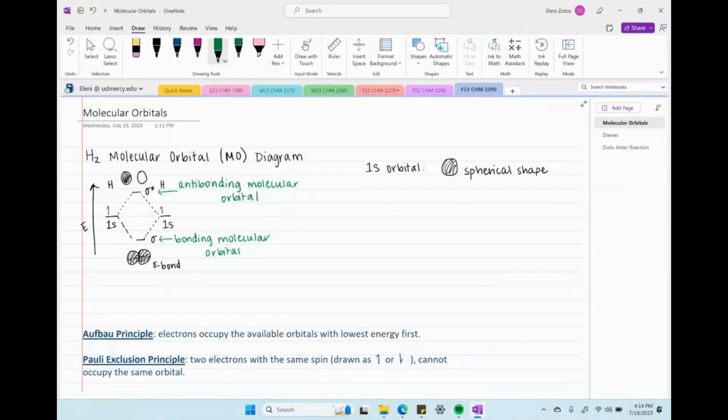So we start with two atomic orbitals, one from each hydrogen. You should always have the same number of molecular orbitals. And in this case, we have two. We have a bonding sigma molecular orbital and a sigma star antibonding molecular orbital. So two molecular orbitals.